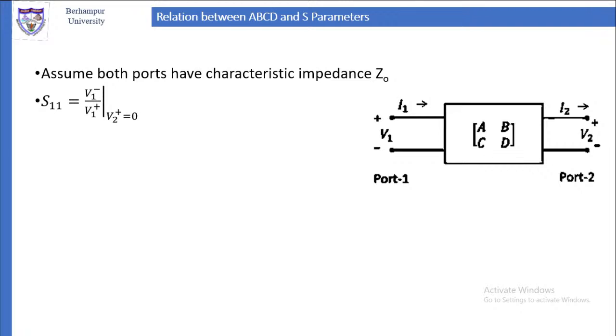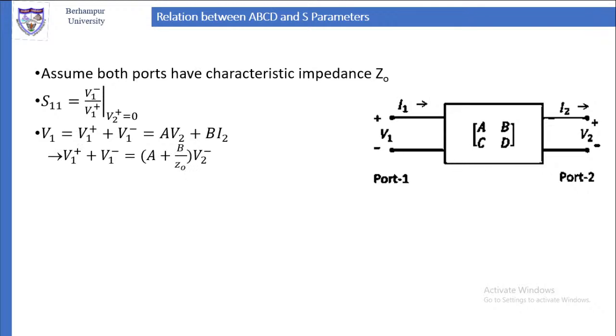S11, you know by definition, S11 is V1 minus by V1 plus when V2 plus is equal to 0. That is the S11 parameter. Now you know what is V1. V1 is equal to V1 plus plus V1 minus, which is equal to A V2 plus B I2.